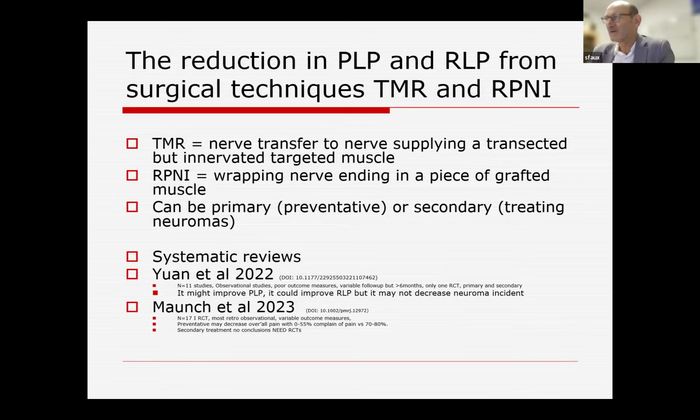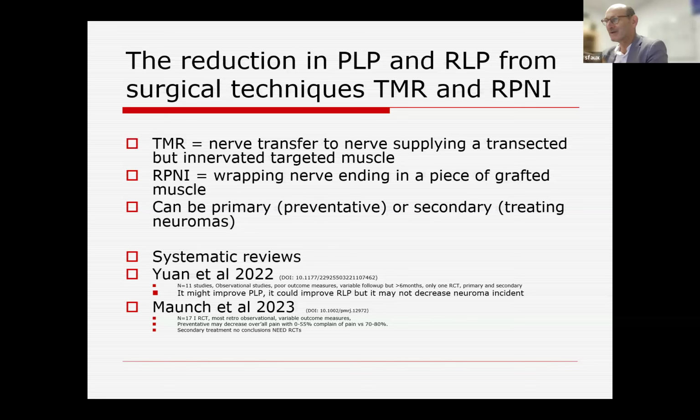So the muscle's innervated, but the muscle's cut in half, and you find the nerve supplying the muscle that is going to be kept inside the stump, and you graft the cut nerve onto the nerve supplying that muscle. So that's TMR. The other is wrapping the nerve ending in a piece of grafted muscle. So you take a piece of muscle and you wrap the nerve ending into it.